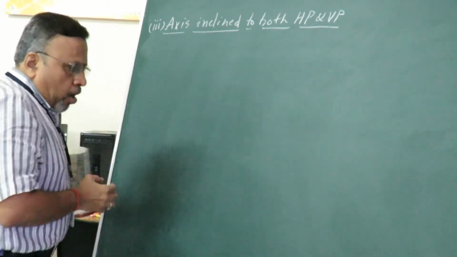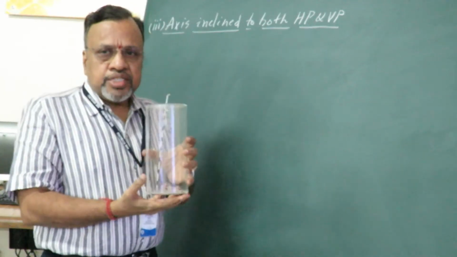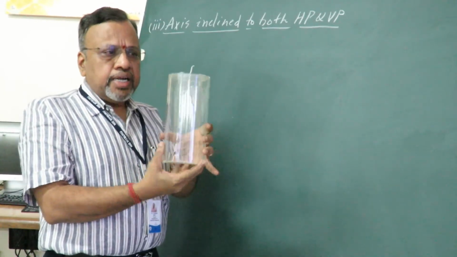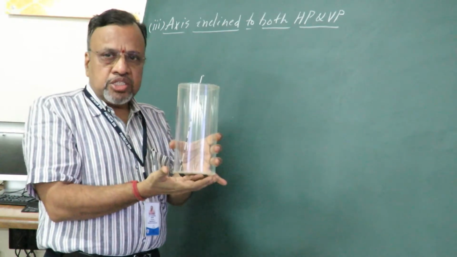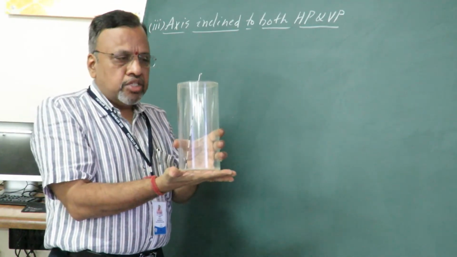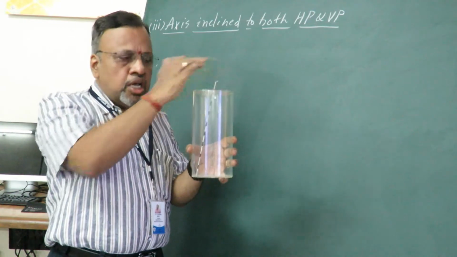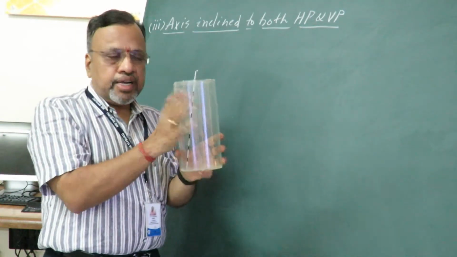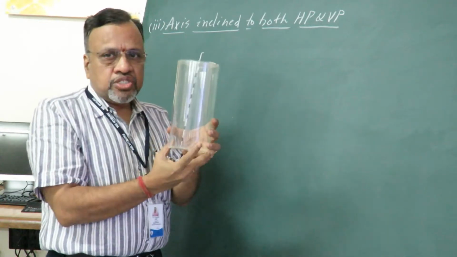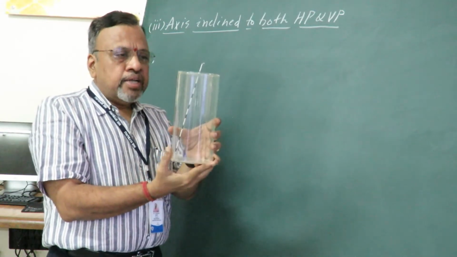All of you are aware that a cylinder has 2 circular bases, the bottom base and the top base, and these 2 bases are bounded by a curved surface. That's how we define a cylinder.